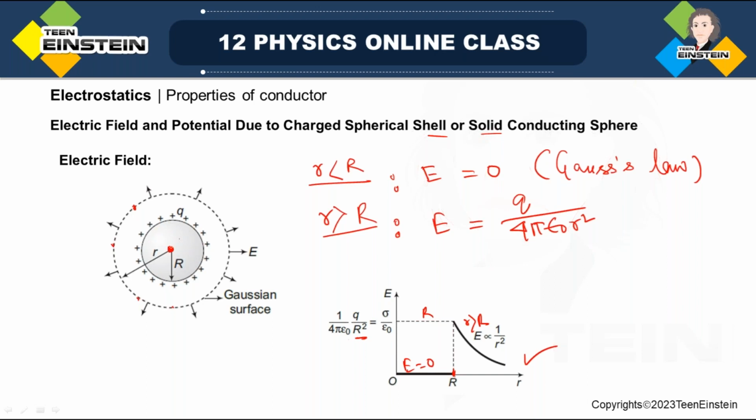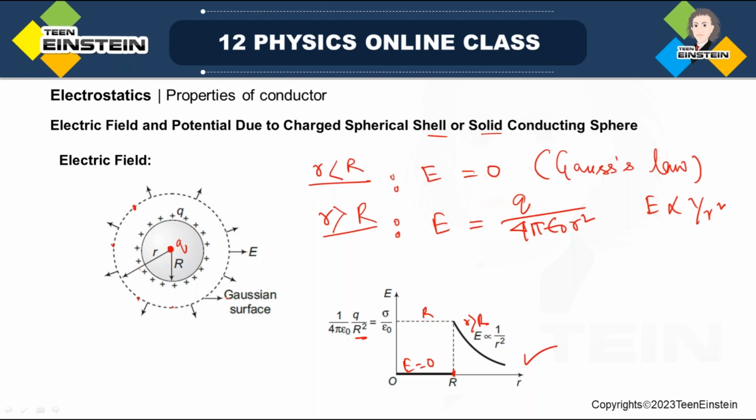So that's how the electric field has a 1 by r square variation outside, and inside it is 0.